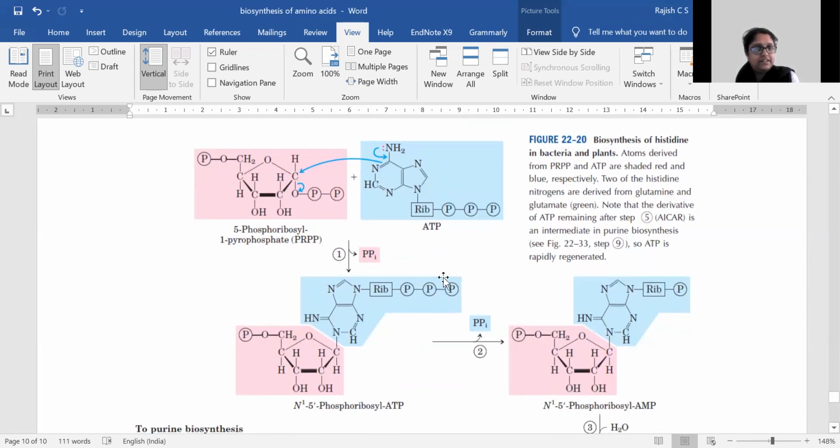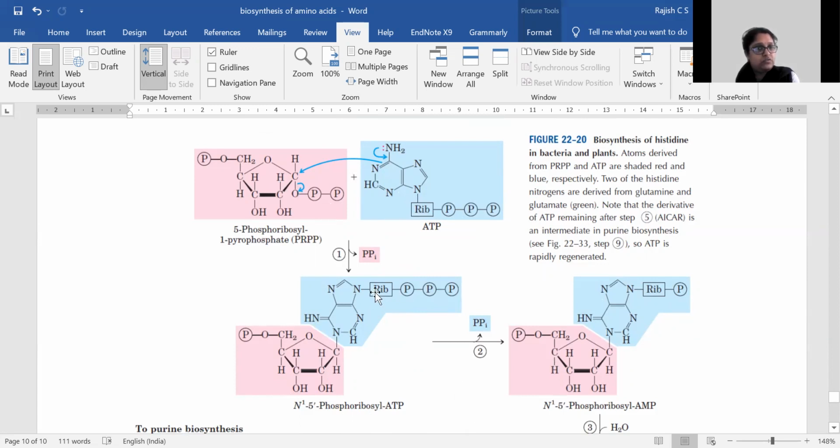that happens, then we have this adenine connected to the ribose, and now we have phosphoribosyl ATP. Now remember that these 3 phosphates of the ATP are still over here, and that is removed in the next step.